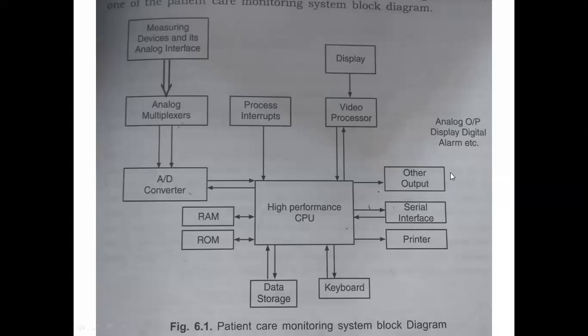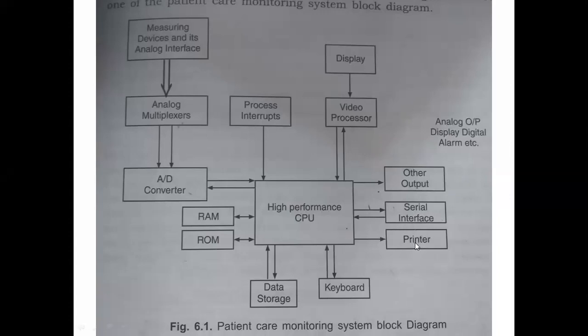We have a digital computer with high speed and processing elements, video processing elements, and different output signals, serial interface and printer.